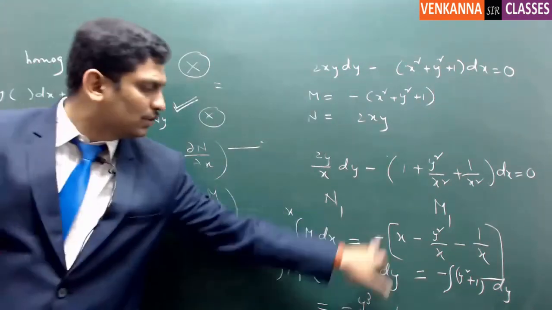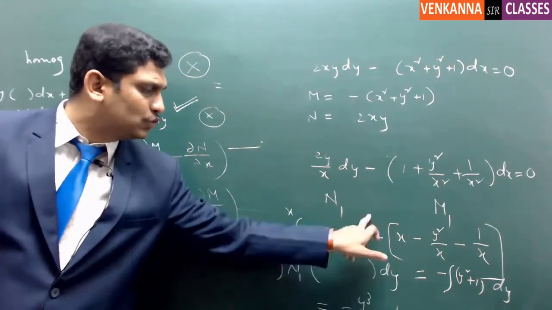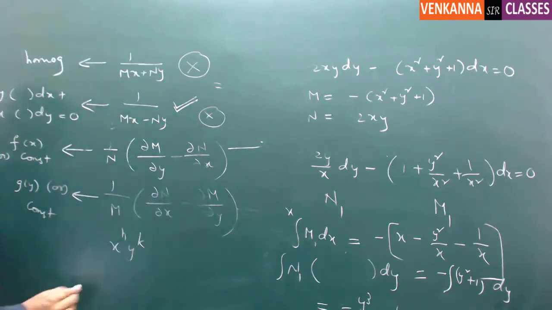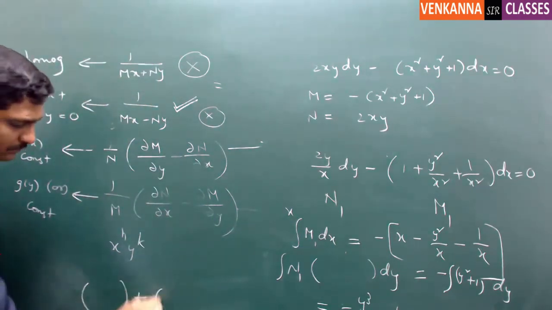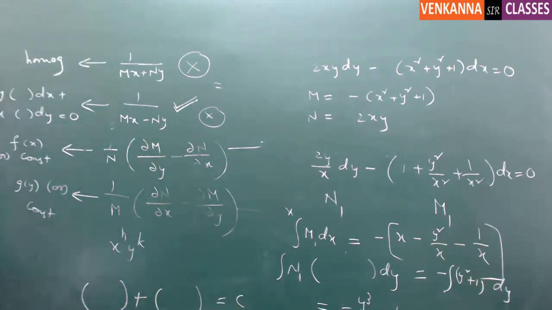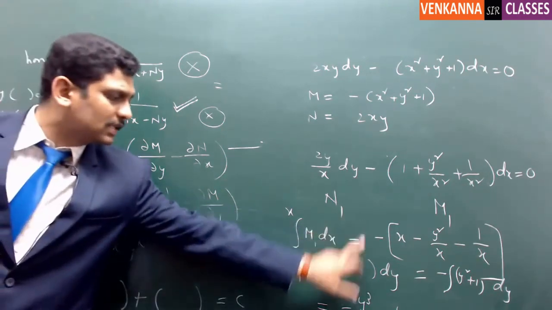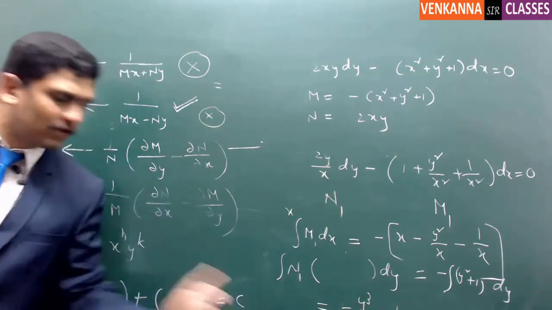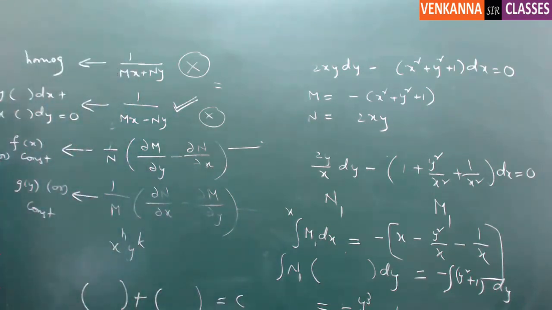So we add these two solutions and put equal to c. This is our general solution. This answer plus this answer equal to c is our general solution. Okay? So this is the conclusion of that problem.